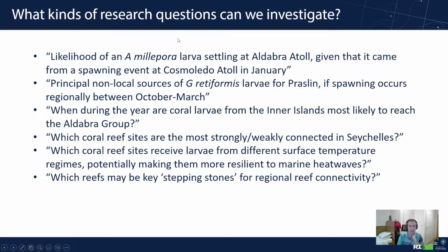So these are examples of questions you might potentially be interested in. But again, I want to stress that the hard work's been done here. So if there are particular site-specific questions you're interested in, please do get in contact. I can't guarantee I can answer them, and obviously these are predictions based on models, not observations.